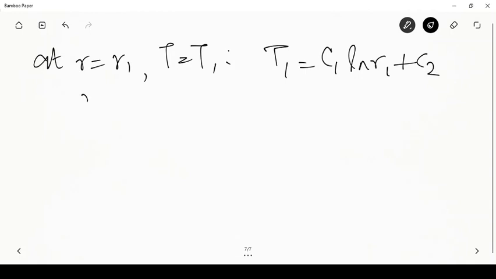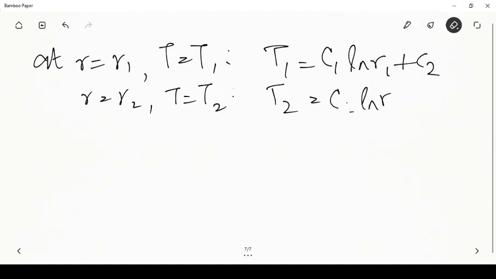And similarly, at r equal to r2, T equal to T2, you get T2 is equal to C1 log r2 plus C2. So now you have two equations and two unknowns, C1 and C2.